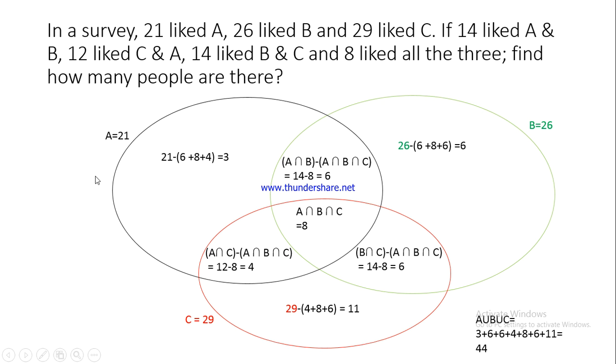Then the total number of people would be this 44, which is the value of A union B union C, plus 50 who have not been surveyed, and they would be mentioned somewhere outside these 3 circles. The total number of people would come out to be 50 plus 44 is equal to 94, but that has not been asked here, but that can always be asked.